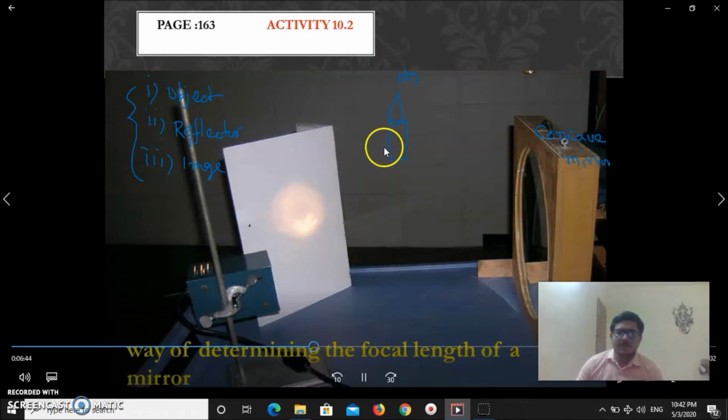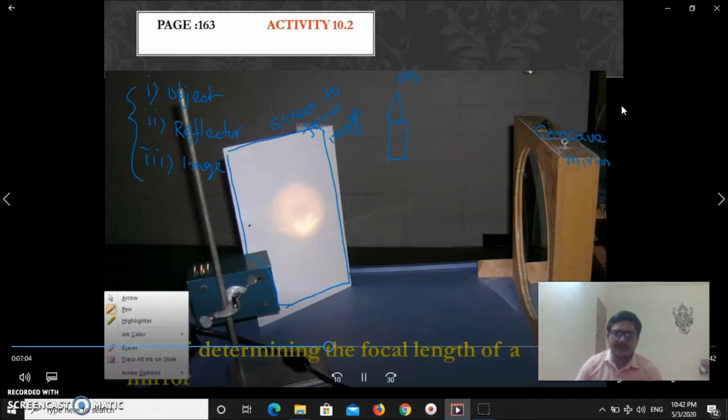So let's take the object. I am now drawing the object here, and my screen is here where the image can form. My concave mirror will behave like a reflector. Clear? So three things I have arranged.